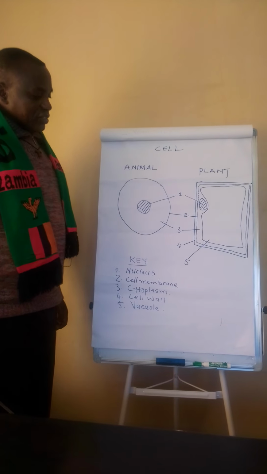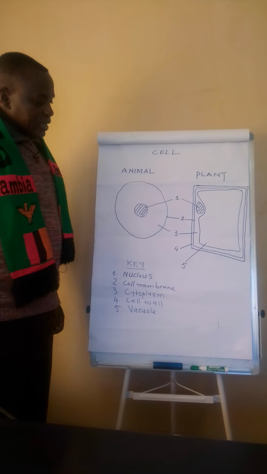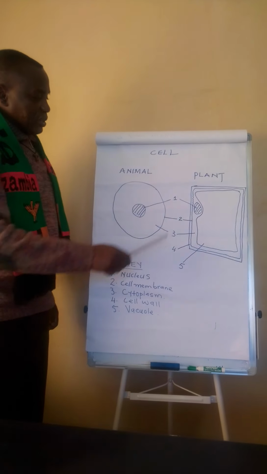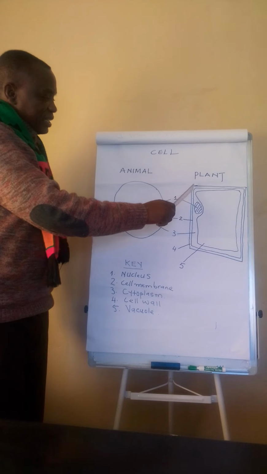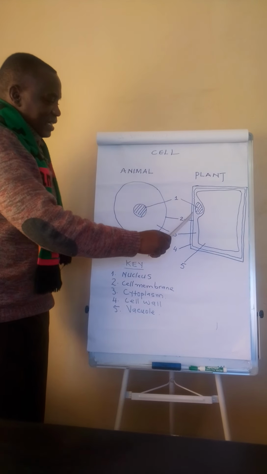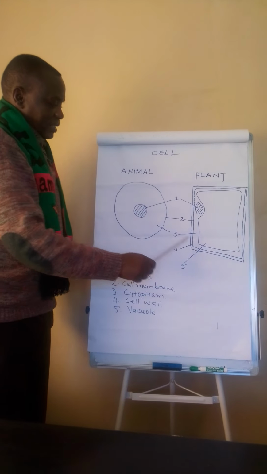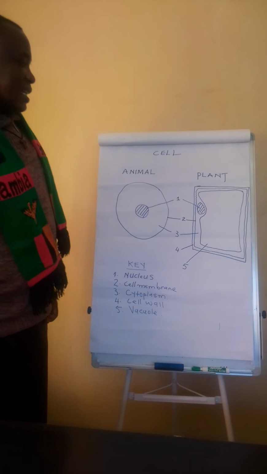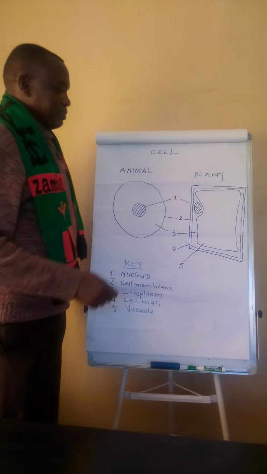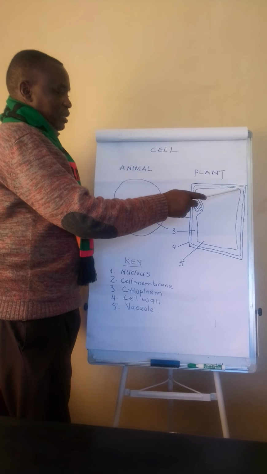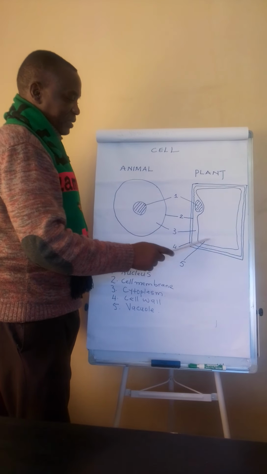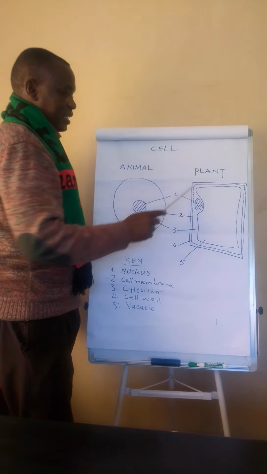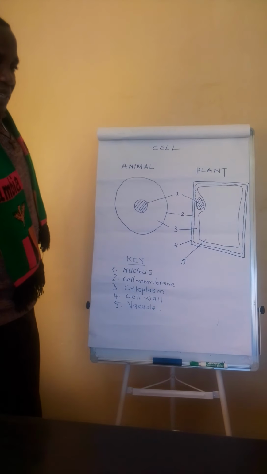Then another structural difference that you can notice is in terms of the cell wall, which is only present in the plant cell, and there is no cell wall in the animal cell. And then another notable difference is the presence of, at the center of the plant cell there, this structure here which we call the vacuole, which is permanent.